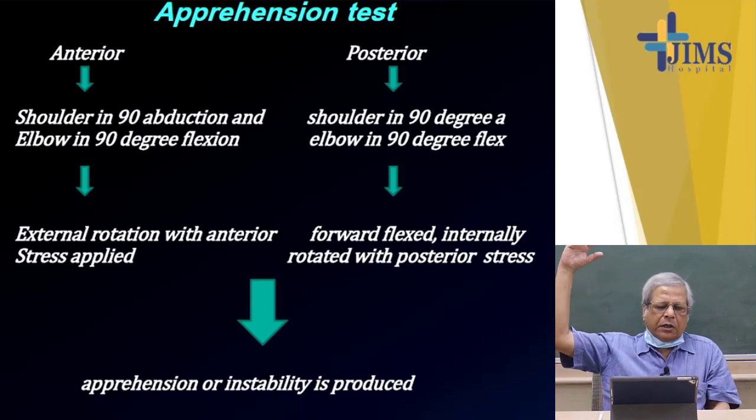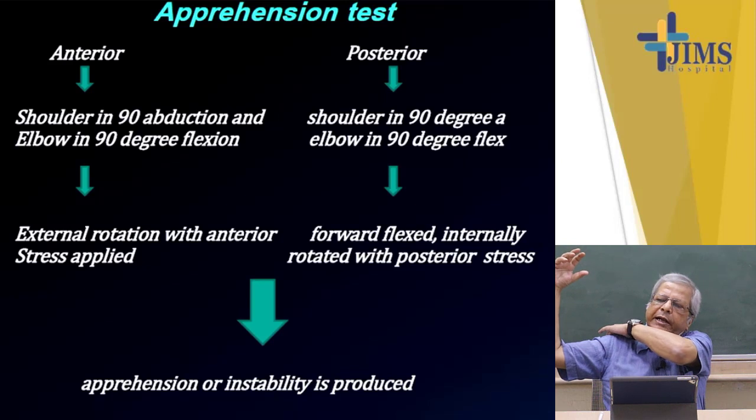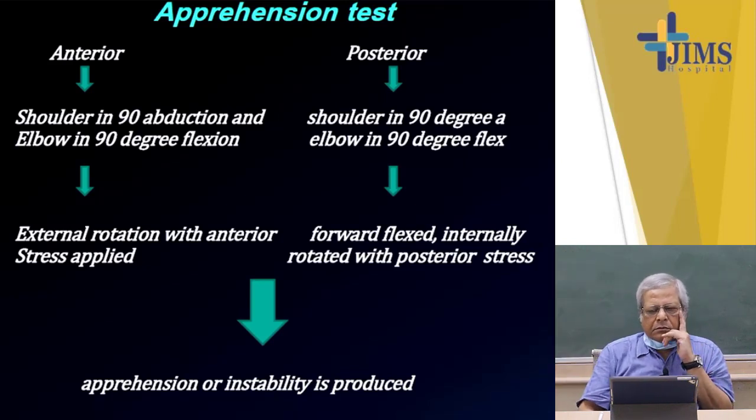By this particular movement, 90 degree abduction, elbow in 90 degree flexion, forceful external rotation, maybe with some anterior stress, this is the apprehension test. This is always positive. The patient tries to resist it.